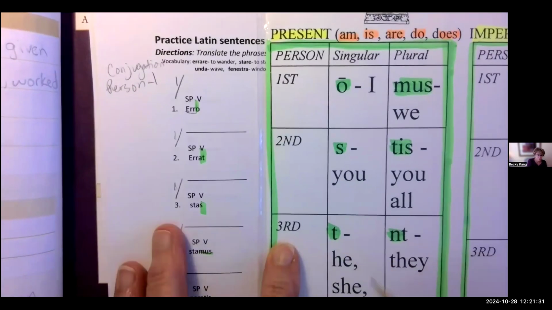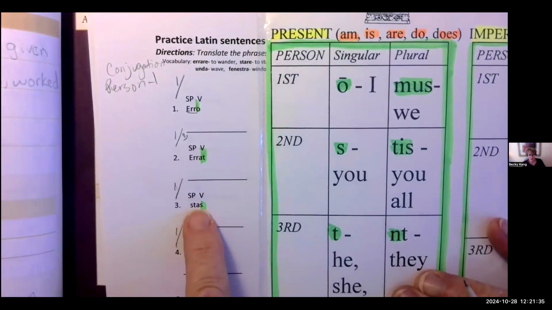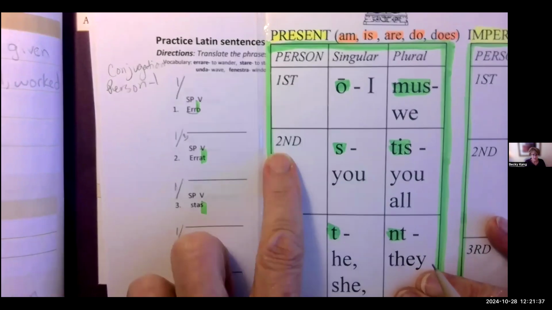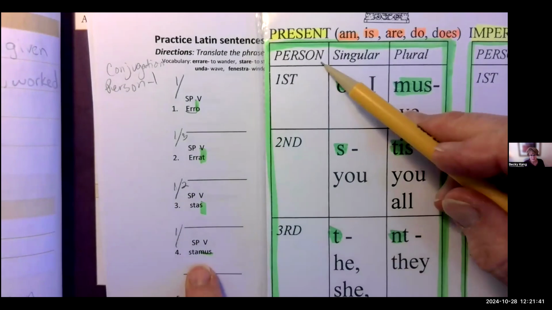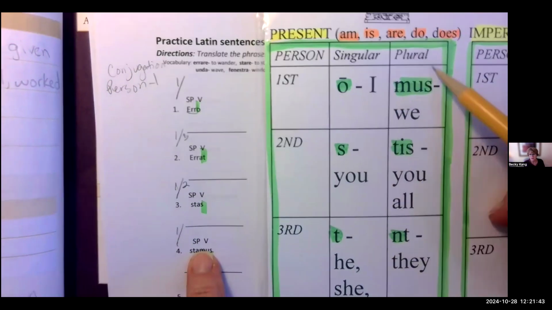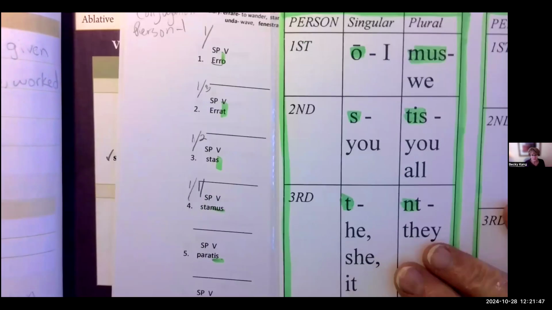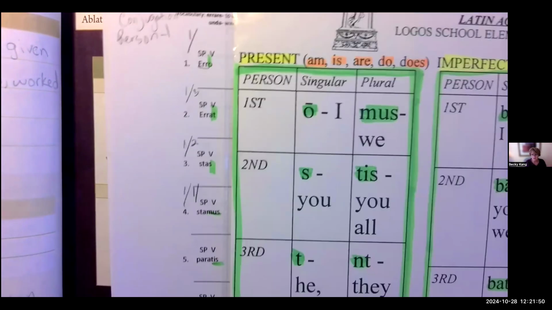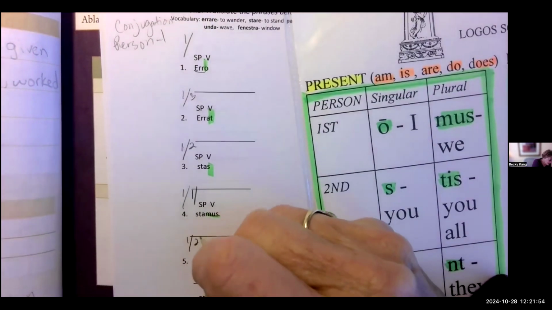Third. Okay, so third. What person is S? Well, let's look. Oh, it's second. Okay. What person is mus? It's first. Okay. What person is tis? Well, let's look. Second.